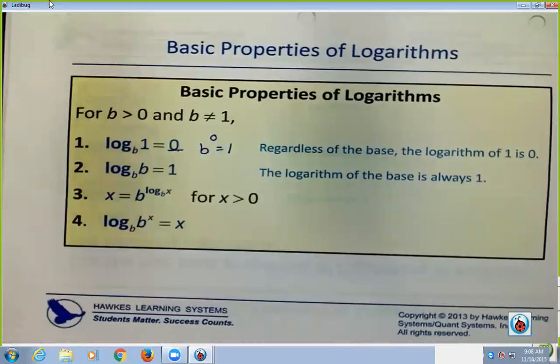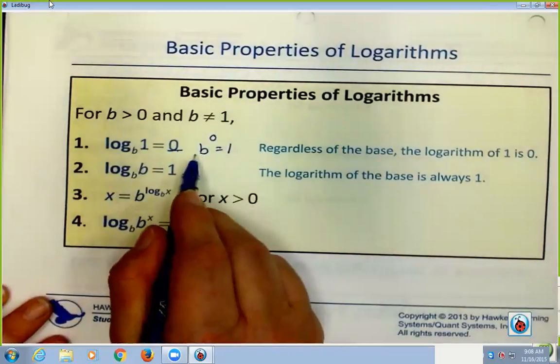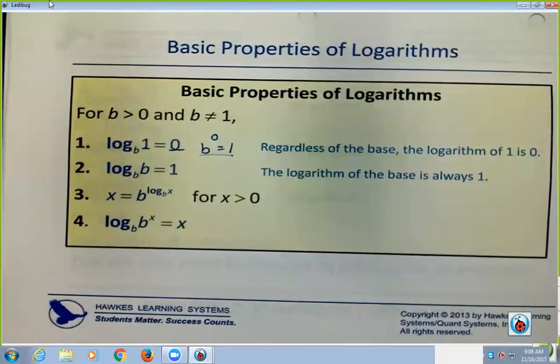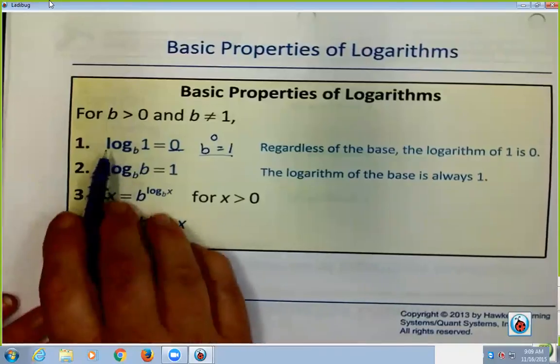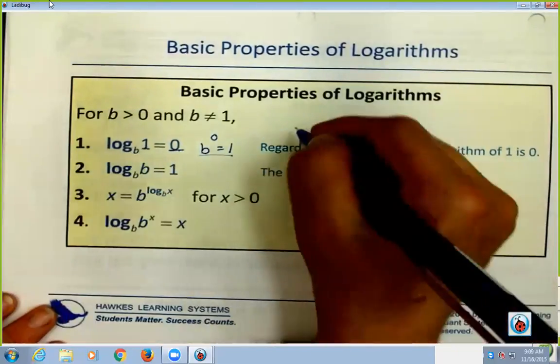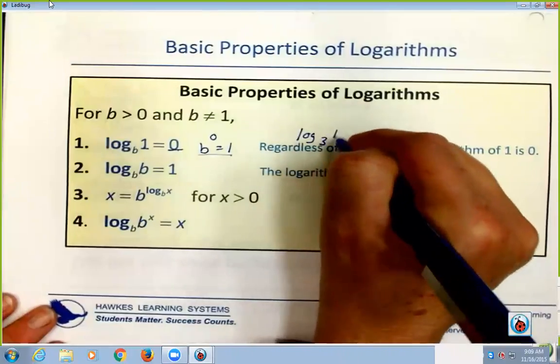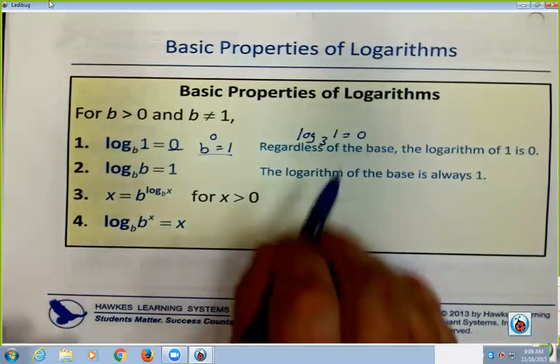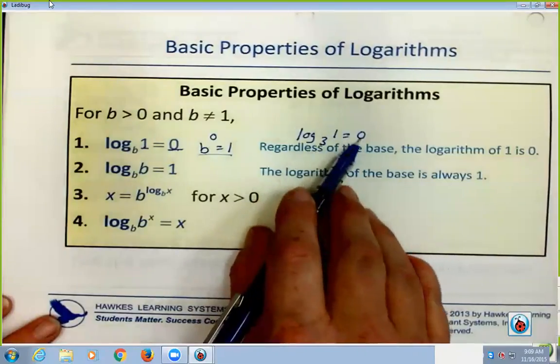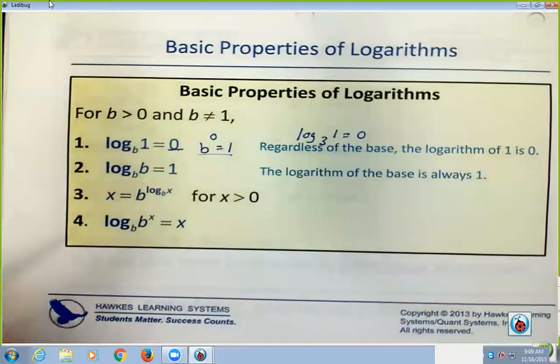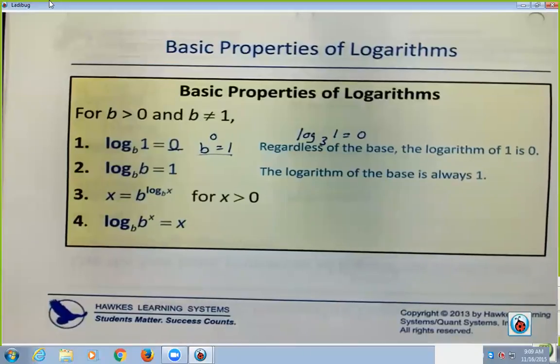So if you happen to see that, or if you don't see it, reverse it back into exponential form and you will see why it equals what it does. Okay, so log b 1. Another example of that one might be log 3 1 equals 0. So I've got a 3 in here. 3 to the 0 power does equal 1, and so it works out that way.